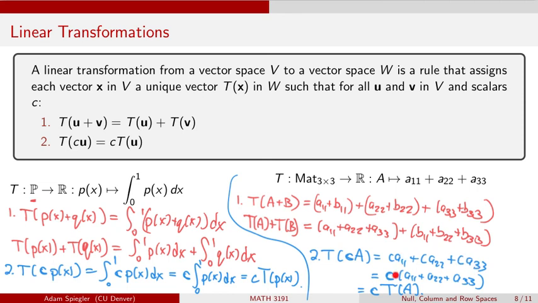Factoring the c out from each of those terms, this is equal to c times the sum of the original diagonal entries of matrix A. So we can see here that T applied to scalar c times matrix A is equal to scalar c times the transformation of matrix A. So here are two linear transformations on maybe some more abstract looking vector spaces than the ones that we first looked at earlier in the semester.